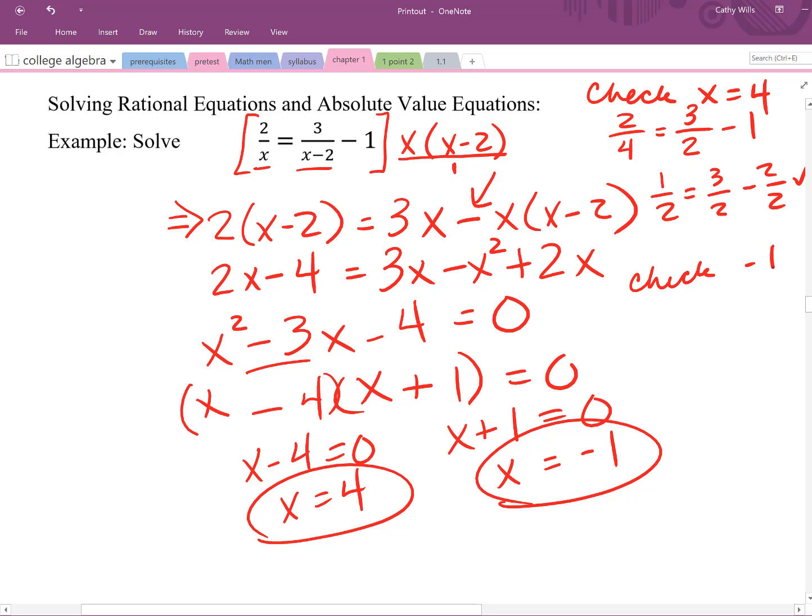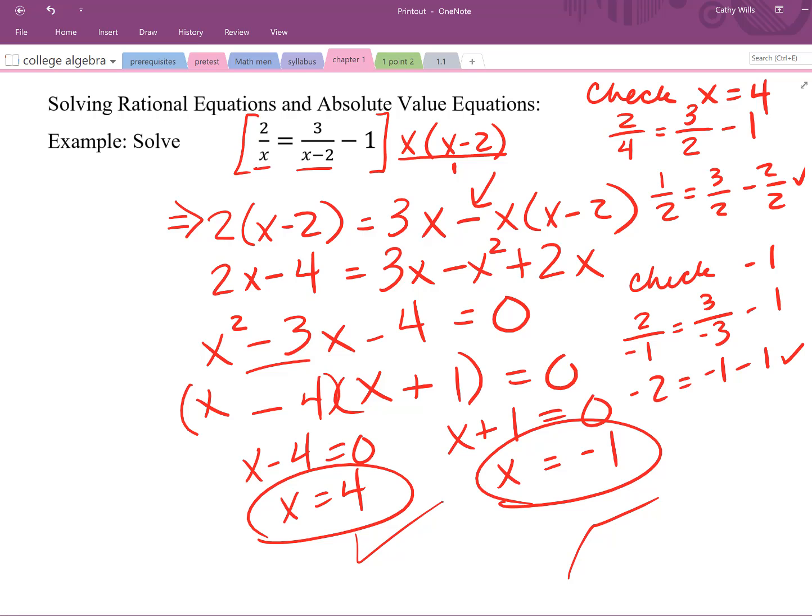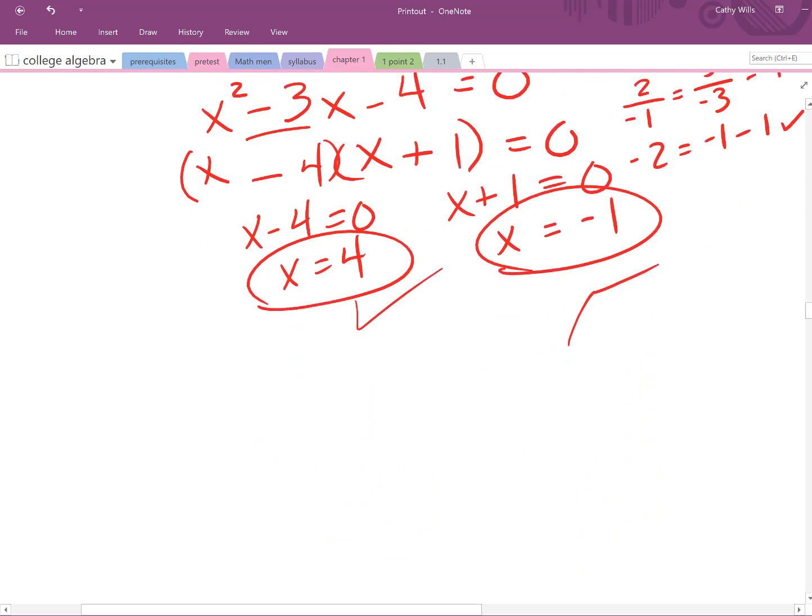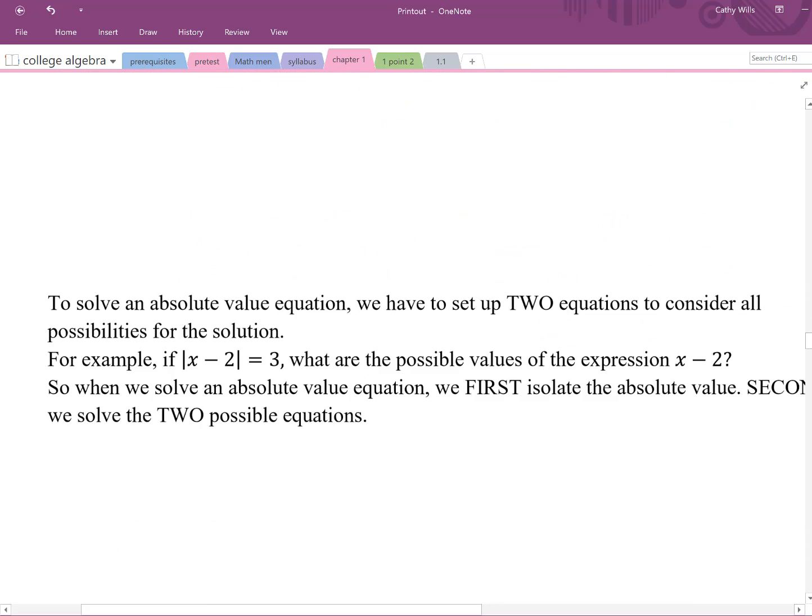I mean, it's good to check just to be sure you didn't make a mistake. So put negative 1 into the original equation. You've got 2 over negative 1 equals 3 over negative 1 minus 2, which is negative 3 minus 1. So negative 2 equals negative 1 minus 1, and that's true. So both of them will work, and there was no question that they would both work, unless I had made a mistake. All right, to absolute value equations.